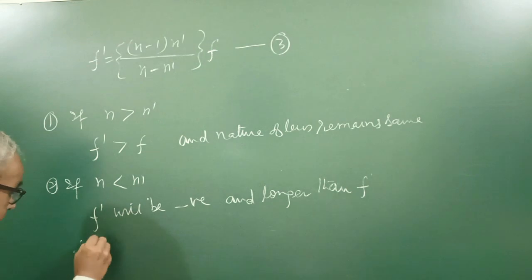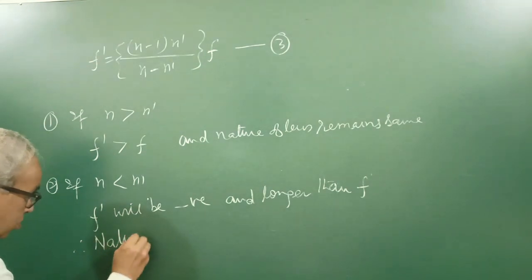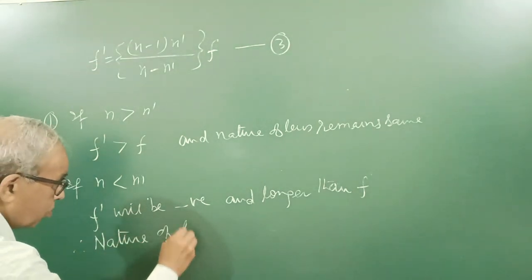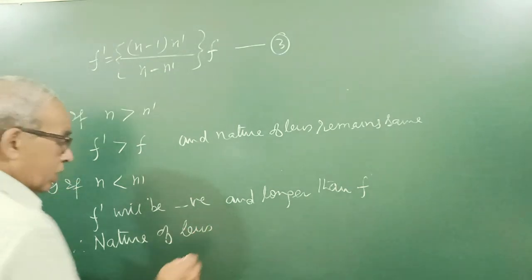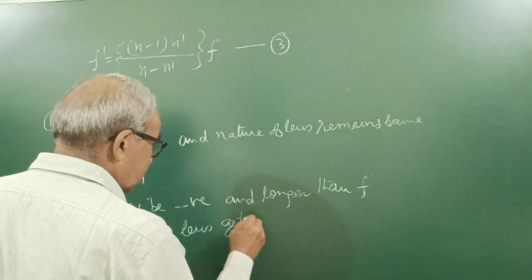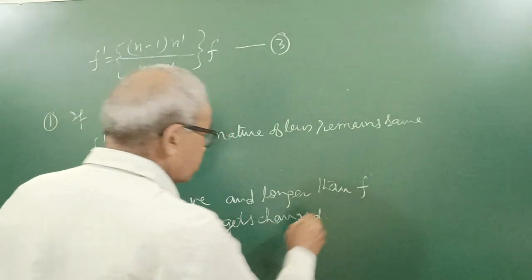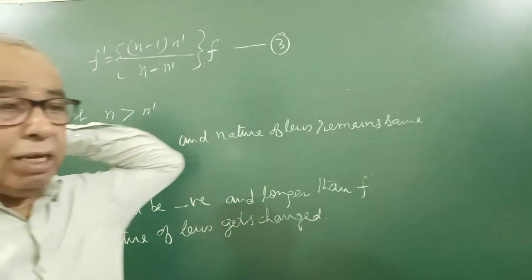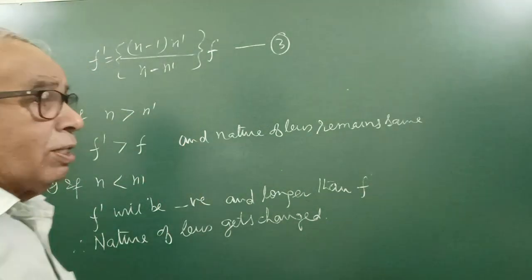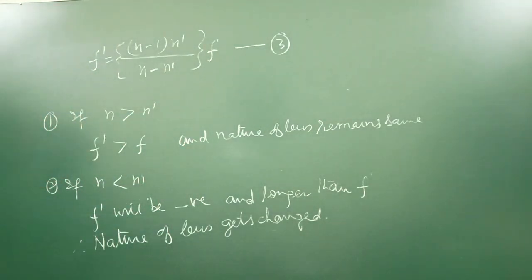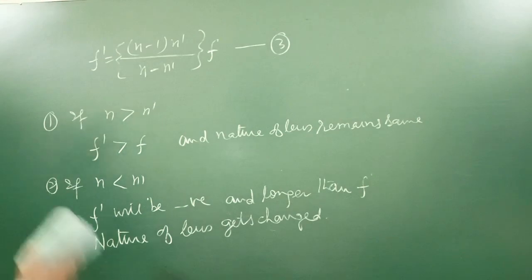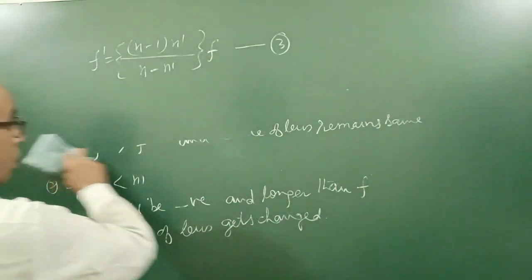Hence, the nature of the lens gets changed. Means convex becomes concave, or diverging becomes converging.